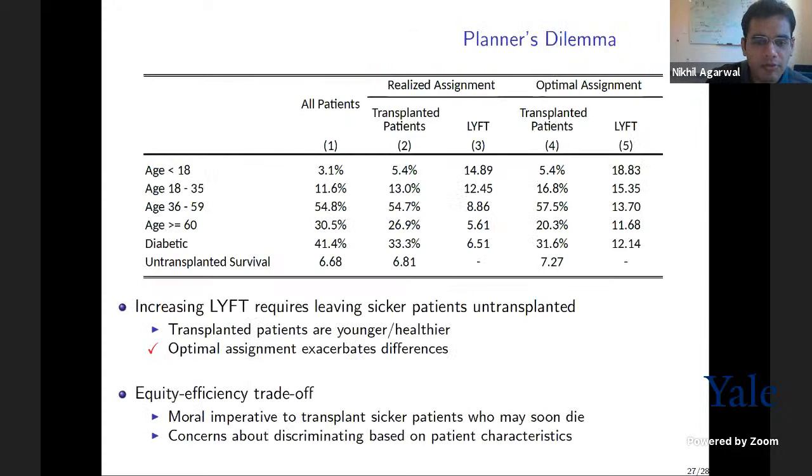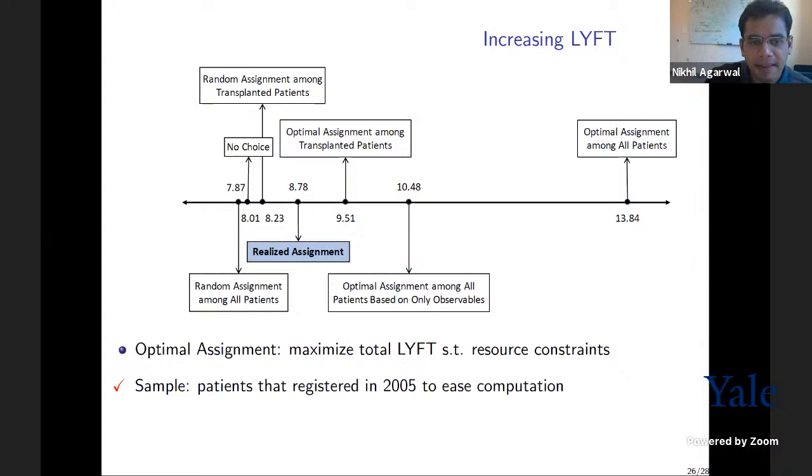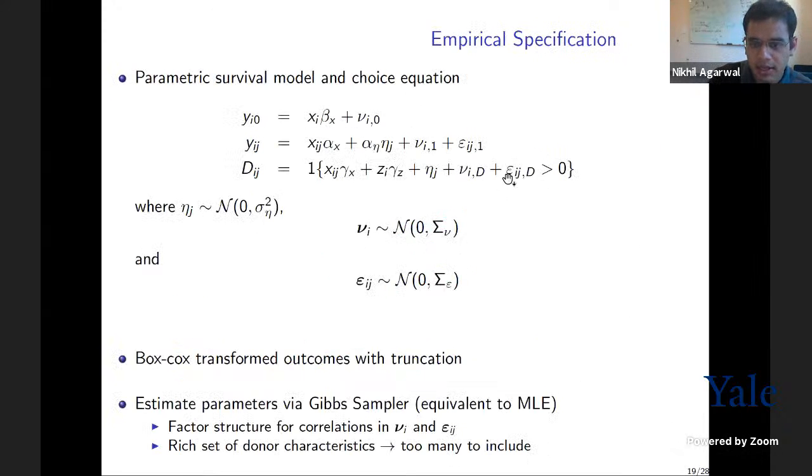That creates more of a challenge in predicting what would happen in counterfactual mechanisms rather than counterfactual assignments. The reason it shouldn't affect our calculations so far is that cross-patient considerations would show up in our model potentially through this epsilon ij term. I know we're not explicitly allowing it to be correlated across patients, but that would be an idiosyncratic reason why one patient said no and the other patient said yes.